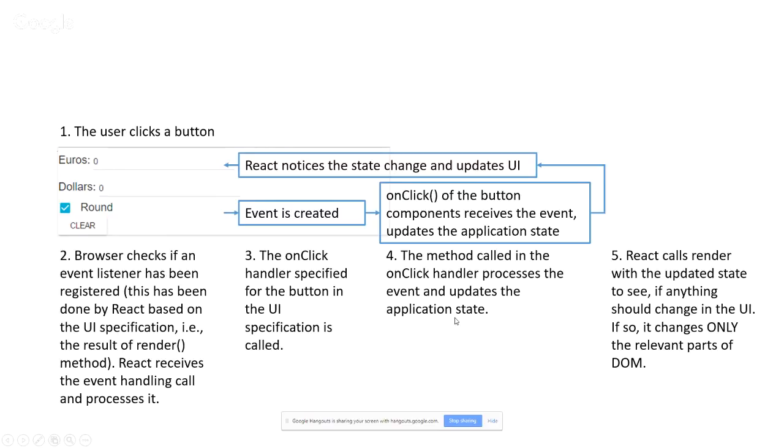Once the application state has been changed, so the setState method has been called, React will then call the render automatically. So you never call the render yourself. React will call the render. And then if React notices that the result of the render is somehow different from whatever is displayed right now on the web page, then it will change those particular bits of the web page and nothing else. So that is very efficient from the interactivity point of view.